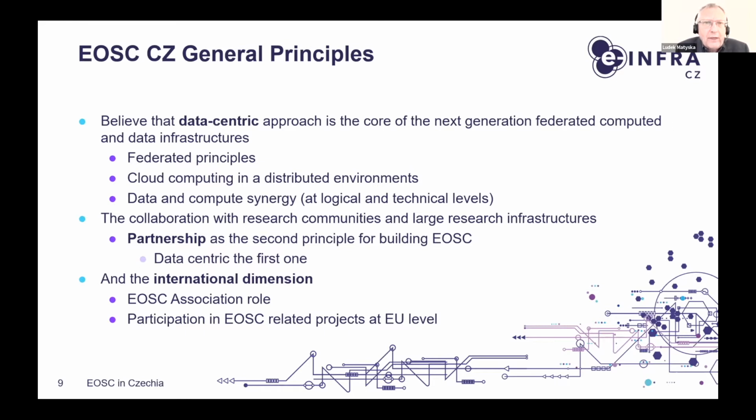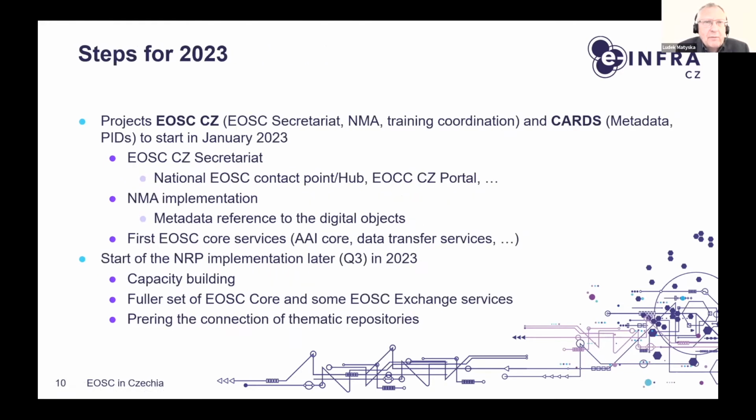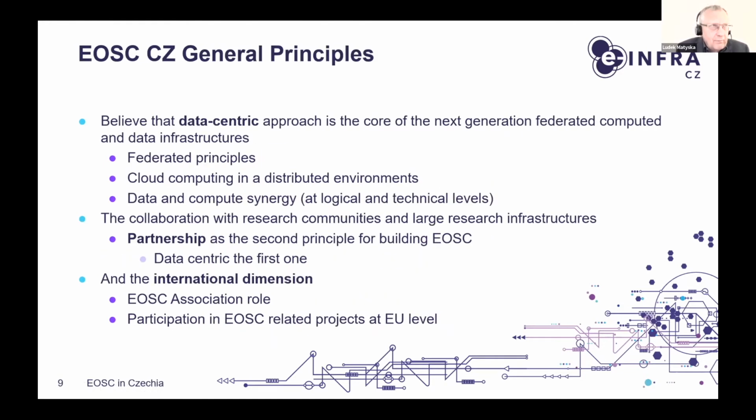So collaboration is the key principle. Data-centric is the first one, and partnership and collaboration is our second principle for building EOS. And last but not least, the international dimension, so the role of the members of the EOS Association, some of whom are already leading the working groups.